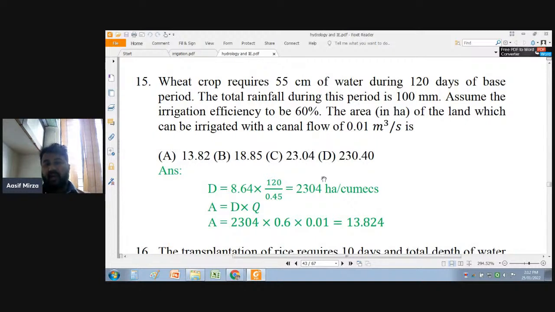The area in hectare of the land which can be irrigated with a canal flow of 0.01 meter cube per second is 13.82, 18.85, 23.04, and 30.40. Using the equation of delta, we get the duty as 2304 hectare per cumec. Using area A equals D into Q and putting in all the values, we get 13.82. So option A will be the right answer for this question.